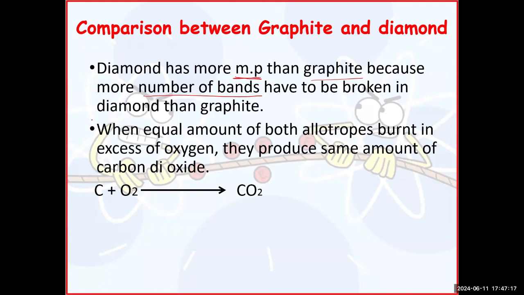But if you talk about the chemical property, that means their combustion process. If I am taking diamond and I am taking graphite, both of them are carbon, of course.